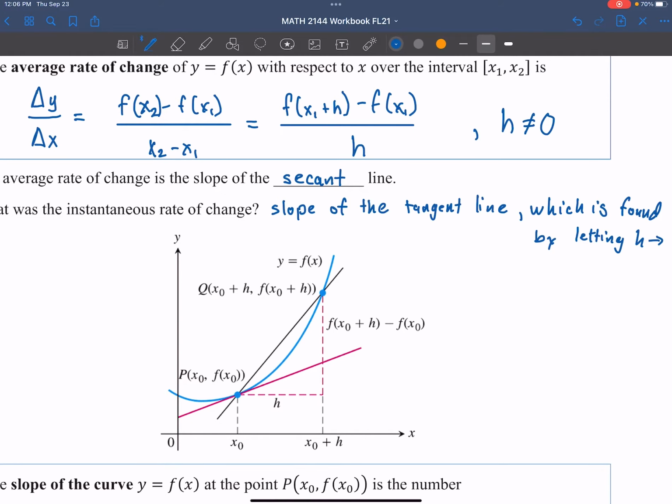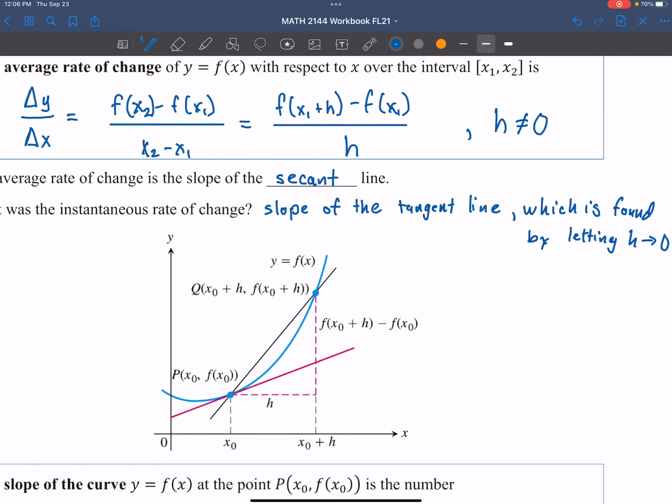So there's the idea of a limit, that we let the distance between x and some other point go to 0. So we can visualize h. You can see h right down here is this distance. And we've seen this idea before, but you can see right here in black is a secant line.